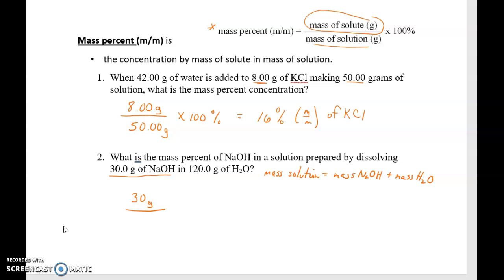So the denominator will be 30 plus 120. This will be times 100%. And we'll get in our calculator, and we'll get 20%. And we'll put how it was measured, mass over mass, and it's as sodium hydroxide.